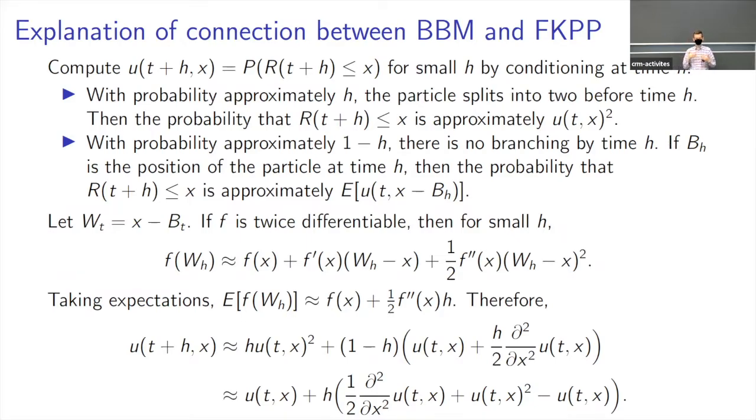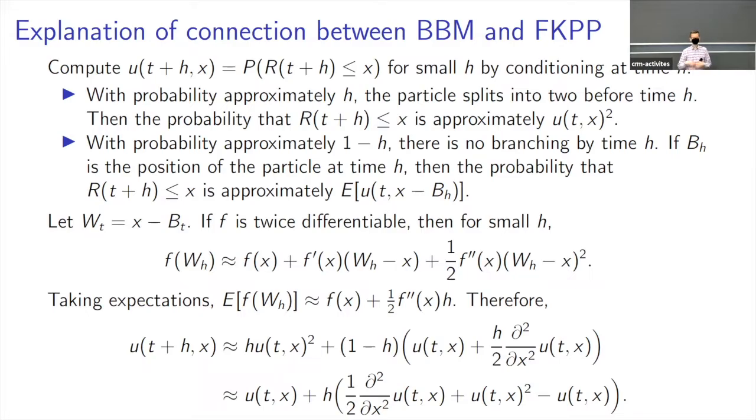And then the probability that the rightmost particle at time t plus h is below x is approximately u of t comma x minus b sub h, because the rightmost particle at time t plus h needs to be no more than x minus b sub h above where the particle started from at time h. Let's let w sub t be x minus b sub t. So w is Brownian motion started from x.